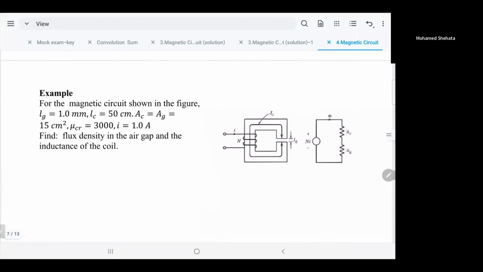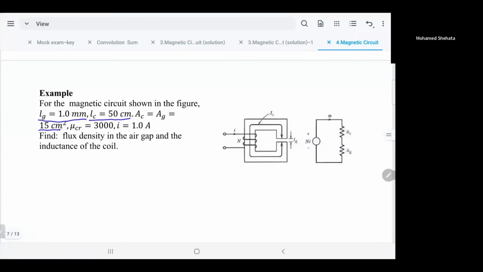All right, there is an equation here. An example: we have a magnetic circuit, and in this magnetic circuit the air gap is equal to 1 millimeter. LC is equal to 50 centimeters. The cross-section area of the core equals the cross-section area of the air gap, which is 15 centimeters squared.